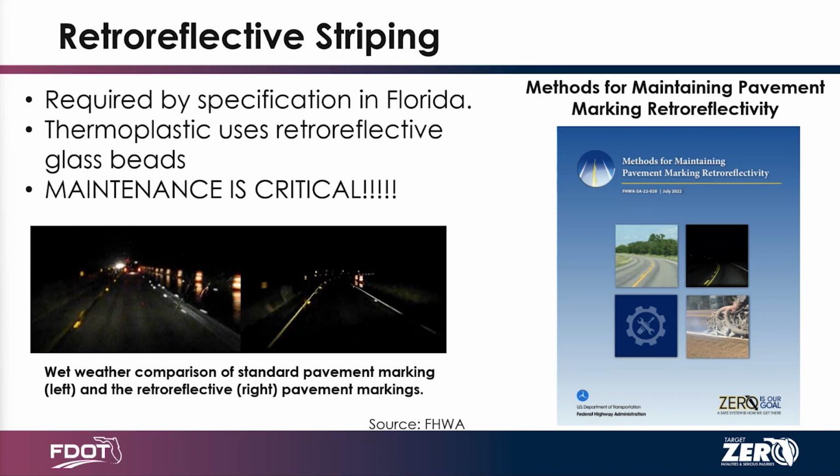But here in the image, you truly see the importance of it, especially during wet weather conditions at nighttime, on the left compared to the right. There is some guidance out there from the US DOT on methods for maintaining pavement markings and retroreflectivity to get the greatest benefit from your implementations.